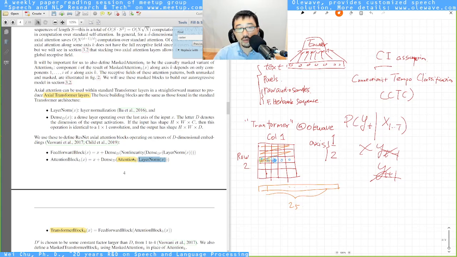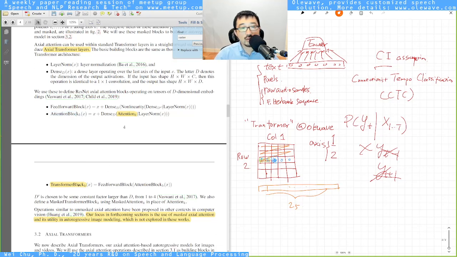Sorry, you calculate the attention by using the output of this layer norm. Then you pass through a dense layer and then a ResNet connection. Then you get this type of attention block. Okay.